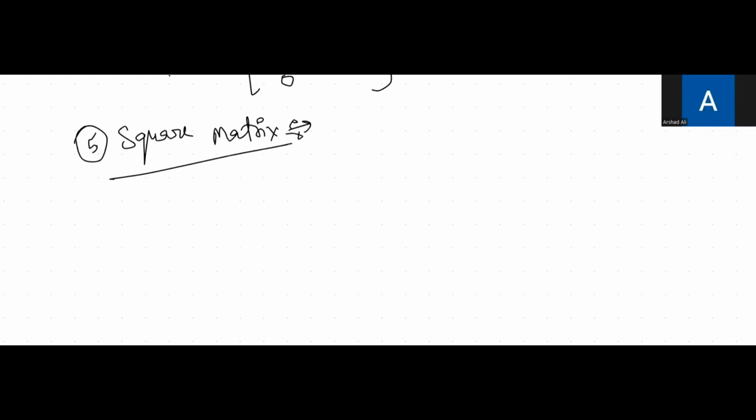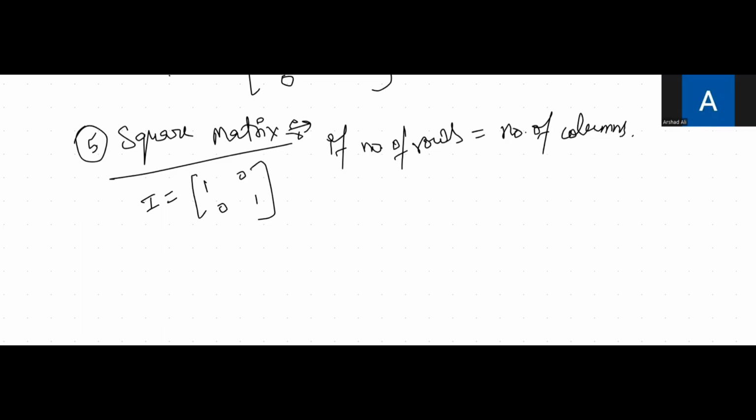If the number of rows is equal to the number of columns, then we can say the matrix is a square matrix. For example, the identity matrix 1, 0, 0, 1. Here the number of rows and number of columns are both equal. So we can say the identity matrix is a square matrix.